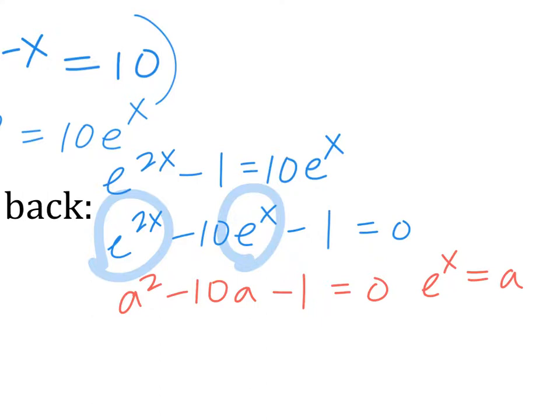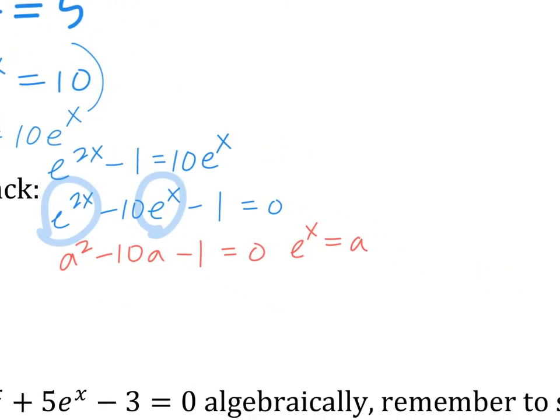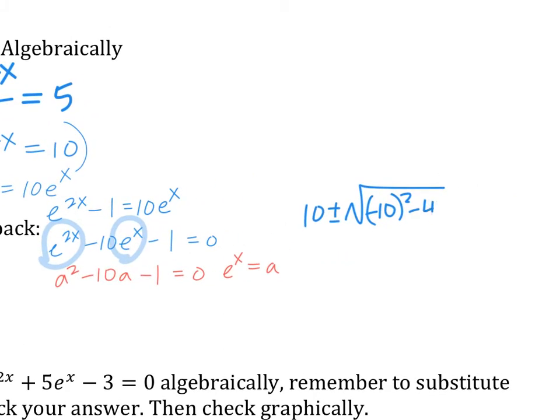How do I solve that? Quadratic formula, because I cannot factor this. So we have to use the quadratic formula. Negative b plus or minus square root of b squared minus 4ac, all over 2a.